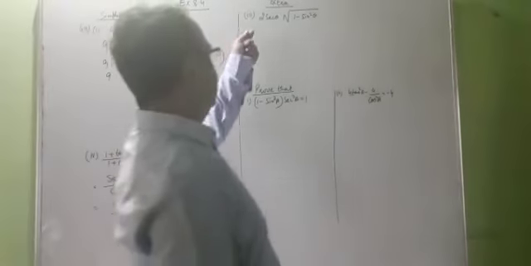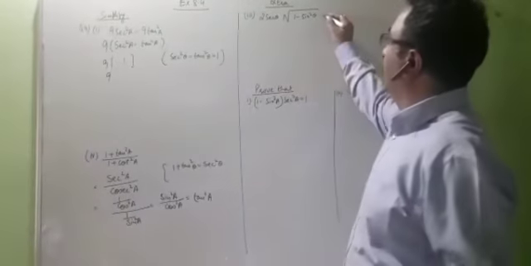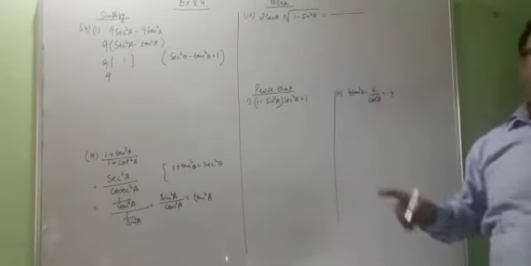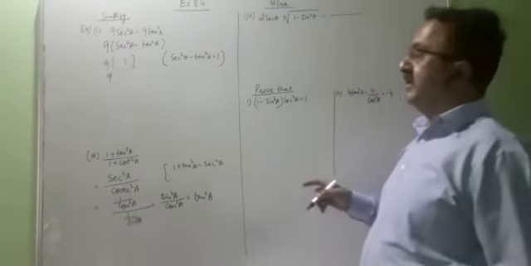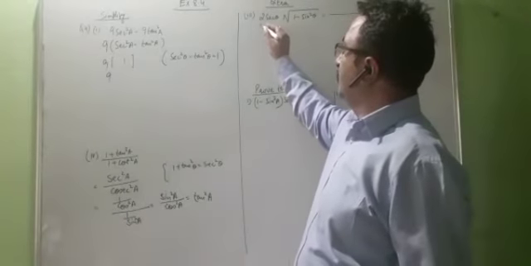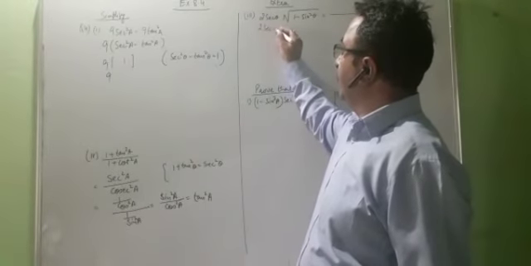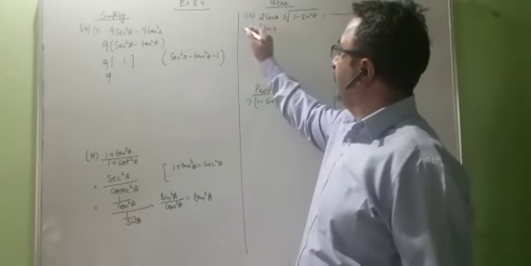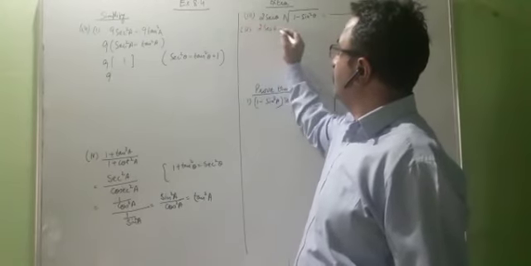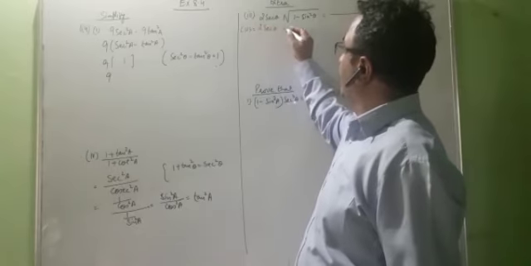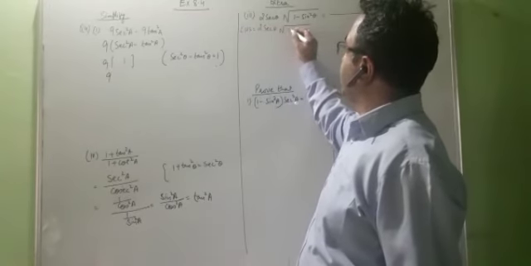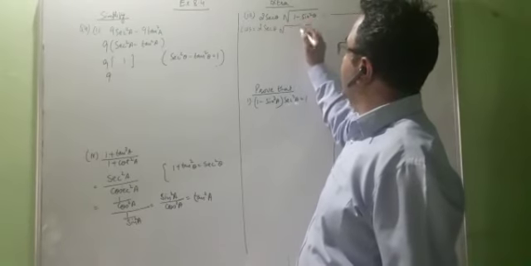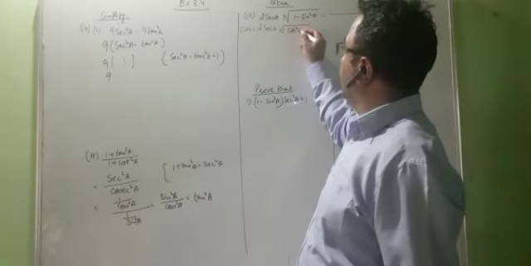Now the third question can be a fill in the blank. You have to fill up the blank by using identities. Look here: 2 secant theta, you can write on LHS, root of 1 minus sine square theta, and you can write 1 minus sine square theta as cos square theta.